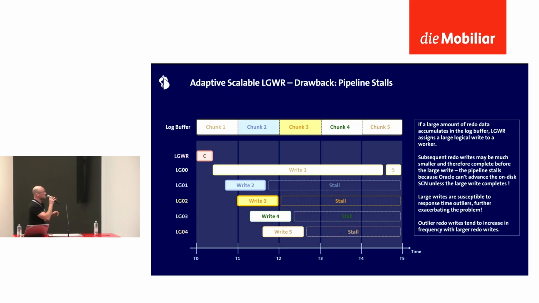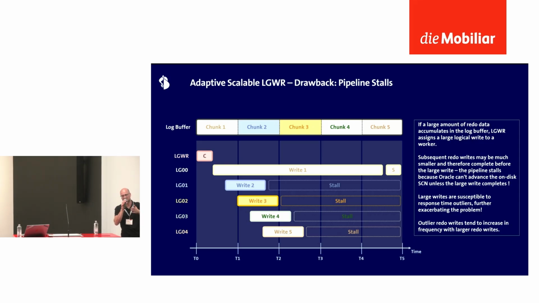And importantly, the larger the writes and the higher the number of large writes, the more susceptible you are to I/O response time outliers, making this kind of situation more likely. And what I also need to add, the heuristic doesn't check the write size. So when log writer assigns a parallel write, it just takes the largest possible chunks and blindly assigns it to a worker, and it doesn't check whether it would make sense to split that large request into multiple smaller ones.